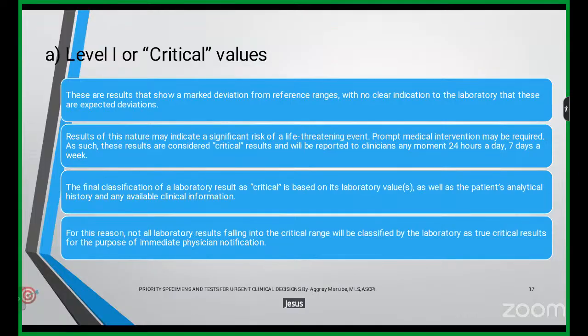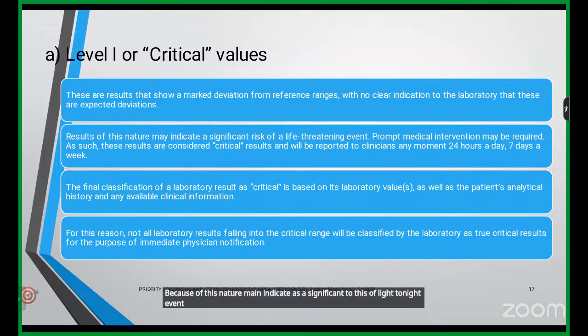Results of this nature may indicate a significant risk of life-threatening event. Prompt medical interventions may be required, as such, these results are considered critical. Results will be reported to clinicians any moment, 24 hours a day, 7 days a week.